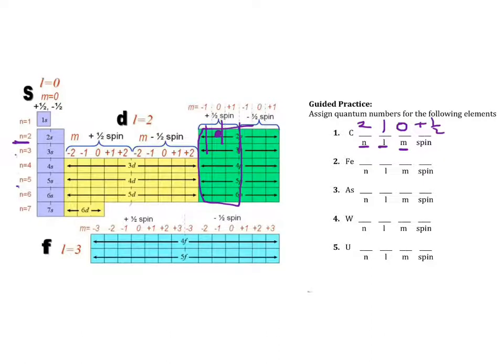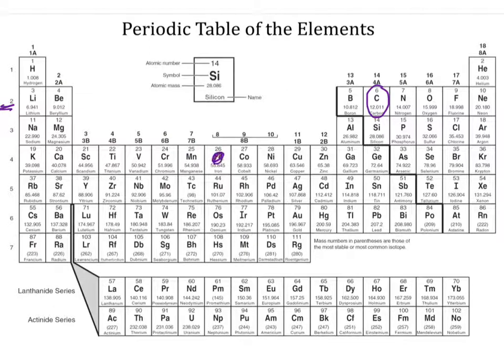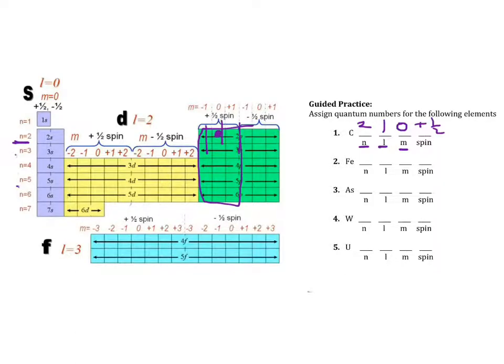Now let's go ahead and do iron. So let's find iron. Iron's right here. So notice how it's 1, 2, 3, 4, 5, 6 into the D block. And so it is in the 4th energy level. However, it's the 3D, so the N is going to be 3.